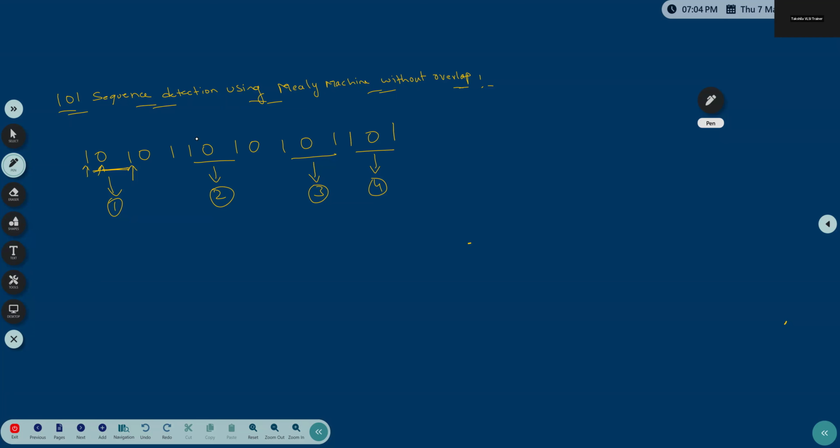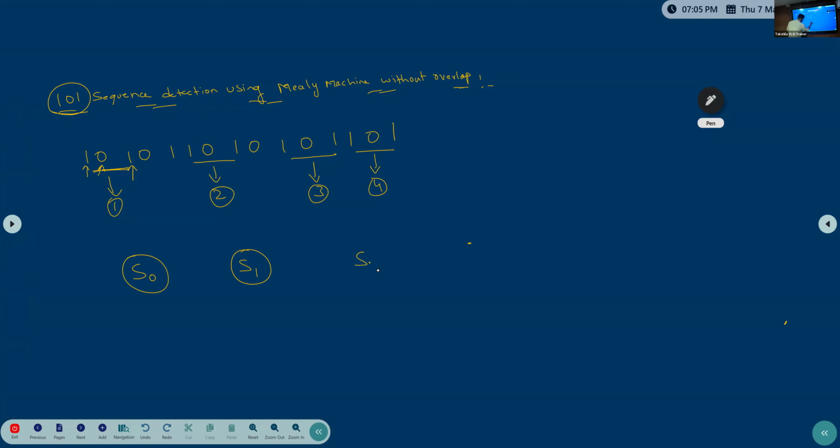Here, how many bits are there in 101 sequence detection? 3 bits, so 3 states are required. What are those? S0, S1, S2.